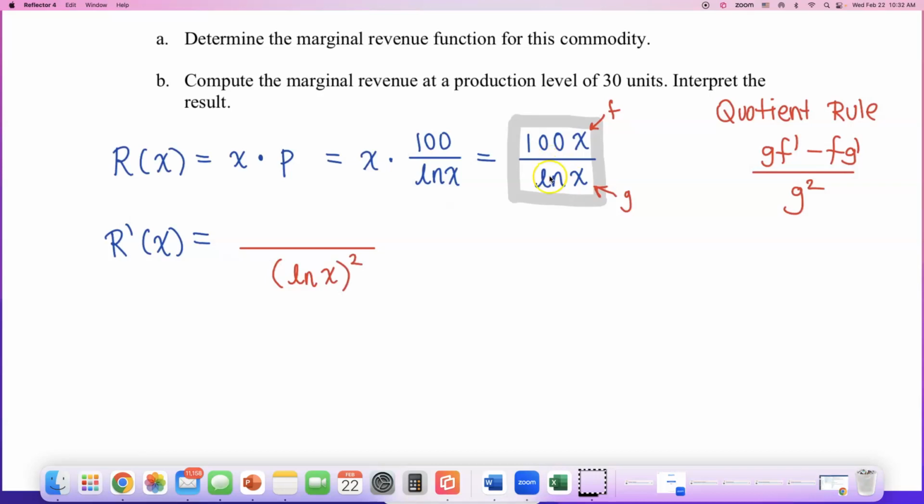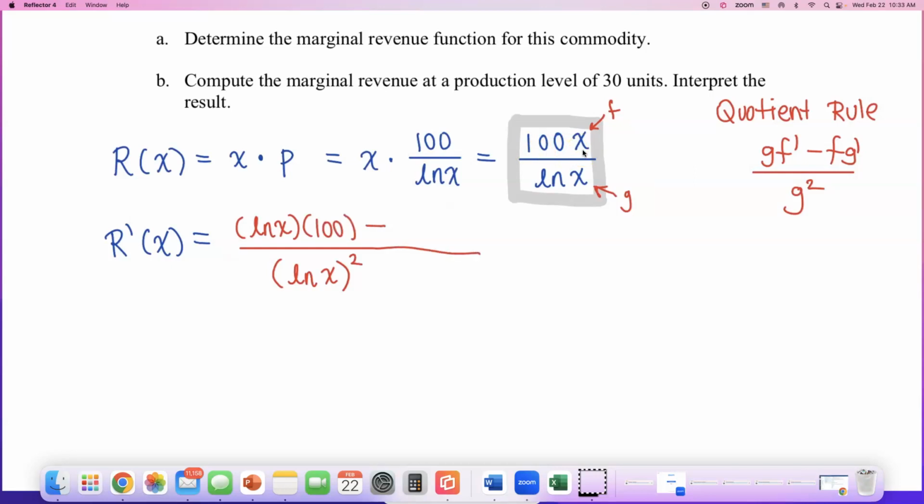On the numerator, I start by writing the original denominator. So write g first, which is natural log of x. And I'm multiplying this by f prime, the derivative of the numerator function. The derivative of 100x is 100. After that, let's do a minus sign.